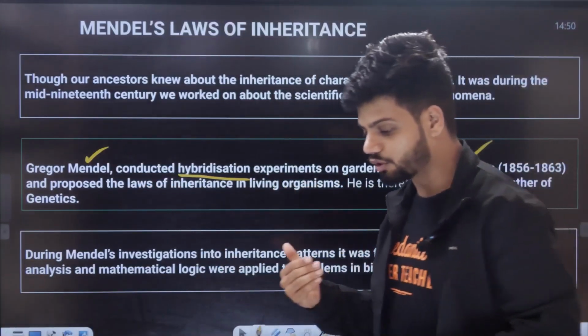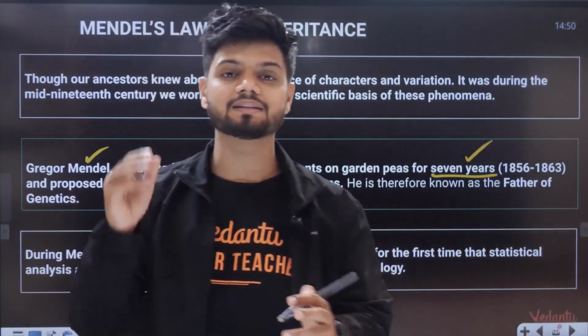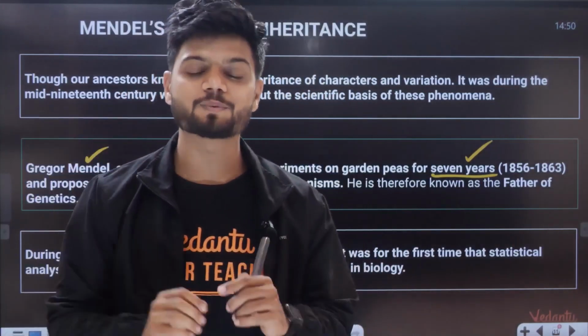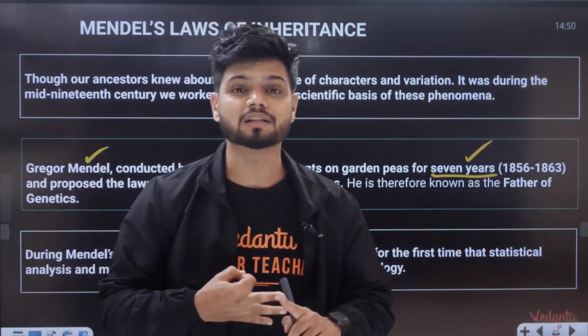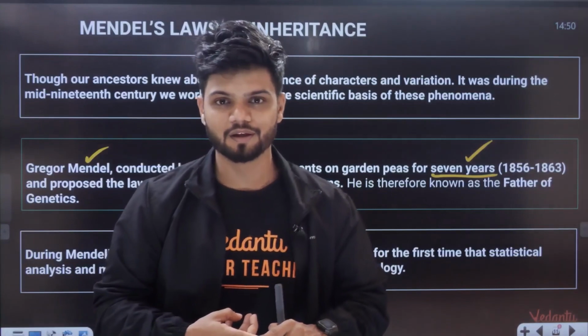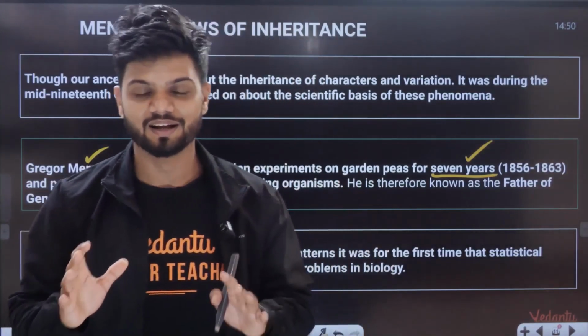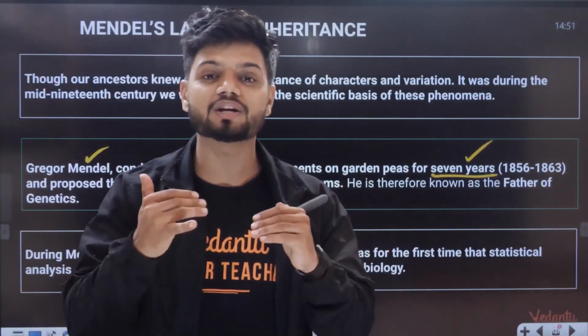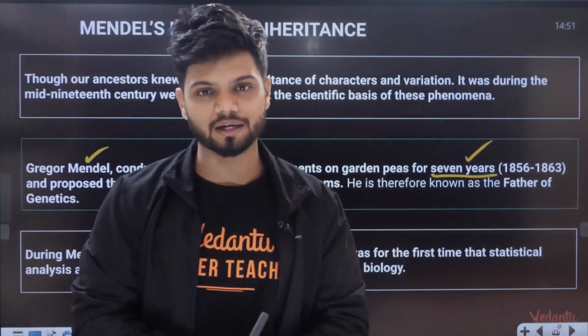There are 3 main laws: the first is called the law of dominance, the second is the law of segregation, and the third is the law of independent assortment. We will learn all 3 laws in today's class. That is called Mendelian genetics. This entire thing is called Mendelian genetics.